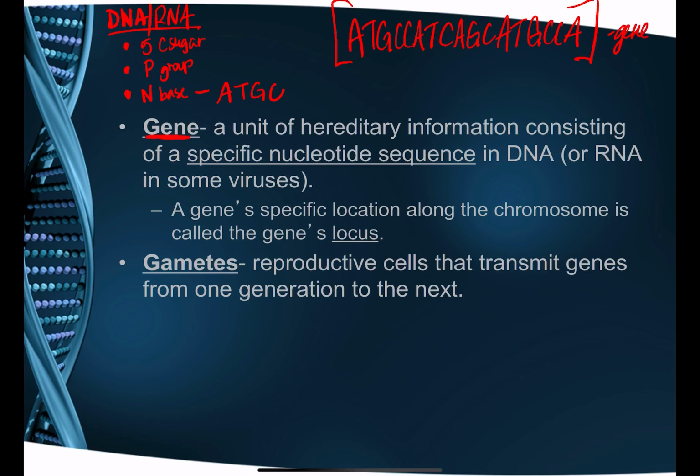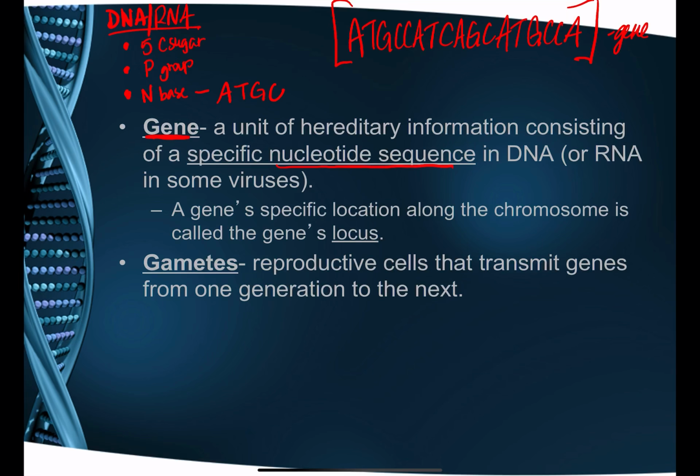It's a series of bases, of nucleotides in our DNA, and that makes up a gene. We have genes that code for all of the traits that we have. Whether you have blue eyes or brown eyes, it's encoded in your genes.